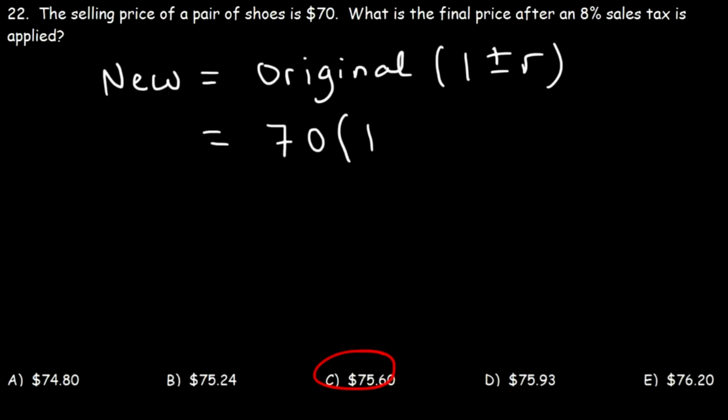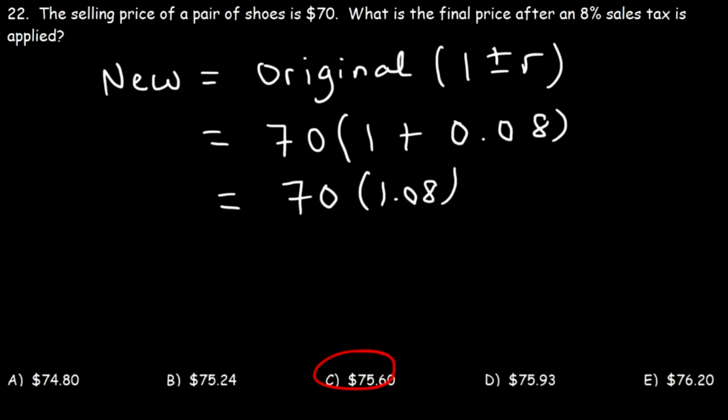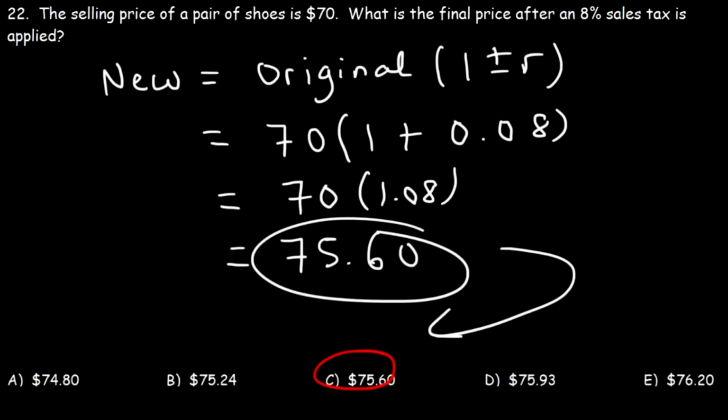And the sales tax is going to increase the total price. So instead of being 1 minus R, it's 1 plus R. And R is 0.08. 1 plus 0.08 is 1.08. So if you multiply 70 by 1.08, this will give you the final answer of $75.60. So that's another way in which you can get the same answer.